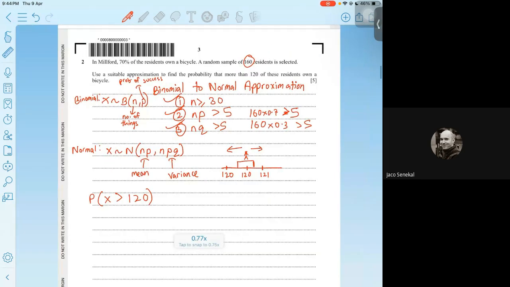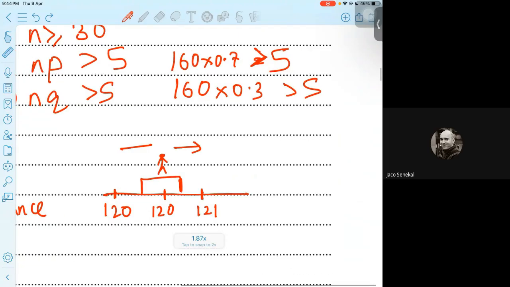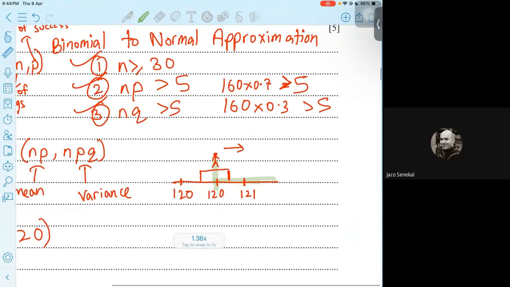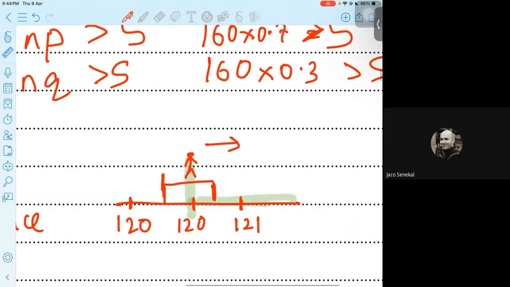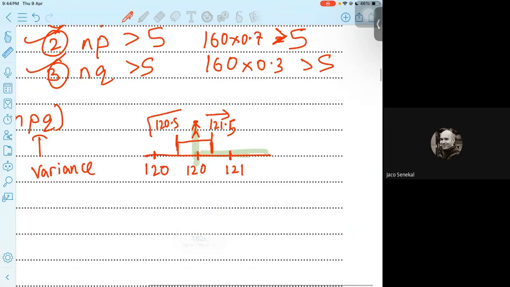This question says that X has to be greater than 120, which means we have to look towards our right side, all the values that are more than 120. Sorry, I made a mistake, this is 119.